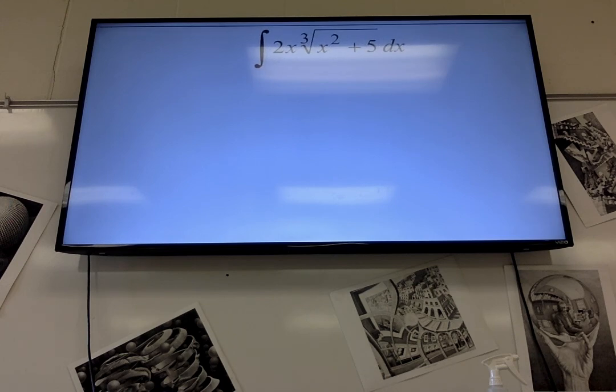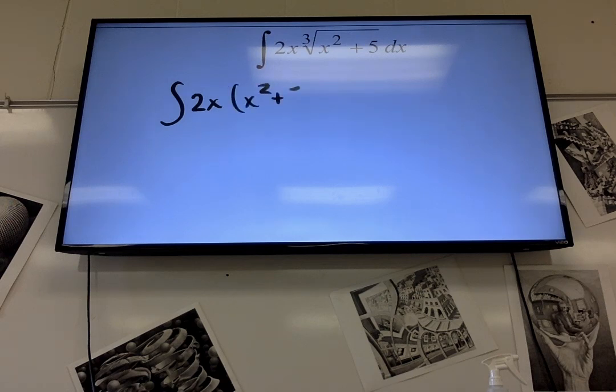So we have the cubed root of x squared plus 5, which I'm just going to rewrite this way: x squared plus 5 to the 1/3. I just rewrote. So 2x is the derivative of... Okay, so we have the nice, neat little derivative of my x squared.